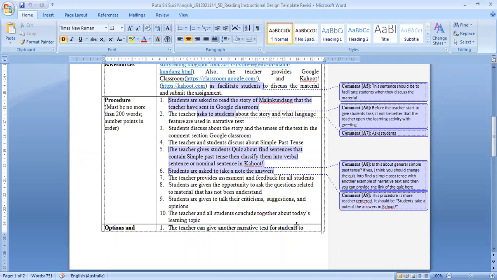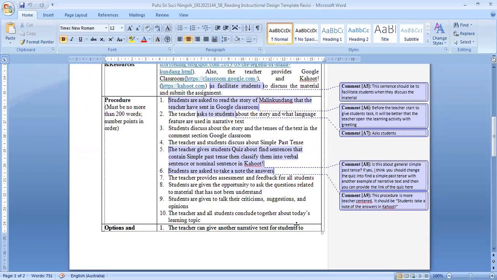We will have the learning procedure. For the first one, the learning procedure starts with students being asked to read the story of Malin Kundang that the teacher has sent in Google Classroom.